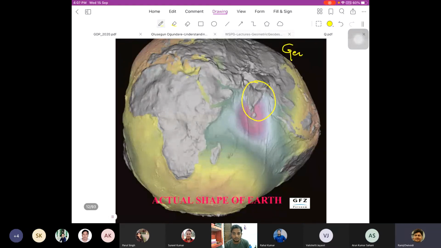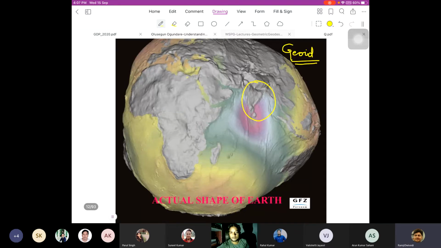This is the model which we call the geoid. I'm again repeating the word geoid. And that geoid is nothing but a surface which is also known as the surface which best fits the Earth. But how this surface is defined is an important question which we need to understand.